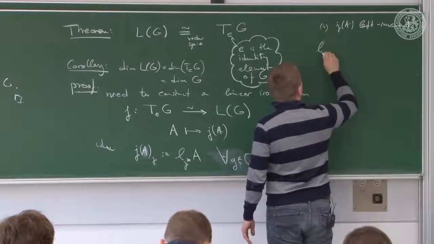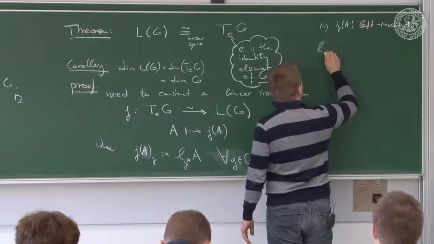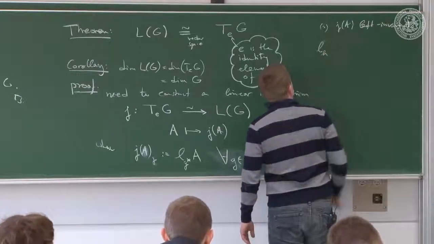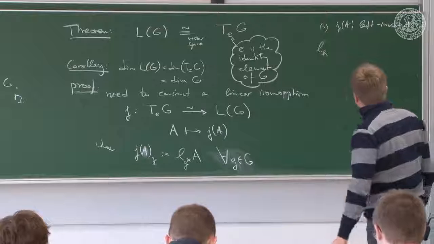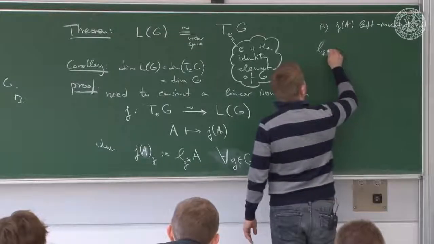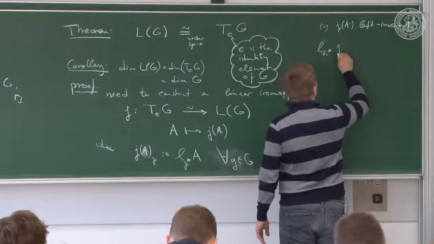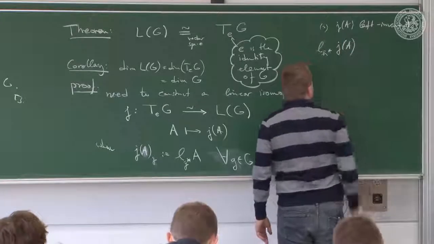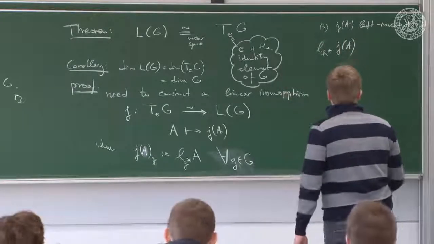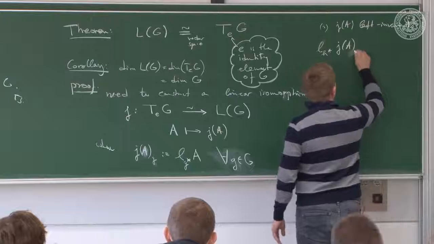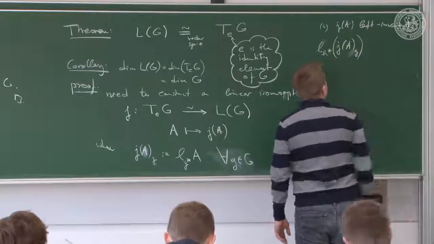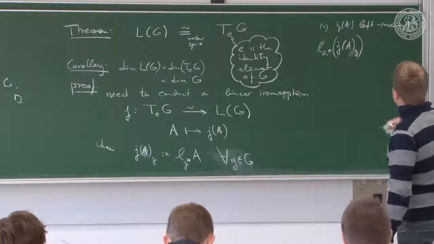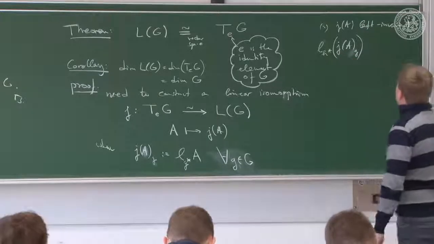I use L_H, so I push it by an H. L_H pushes the J of A at the position G, and I want to show that that is the J of A at position HG.